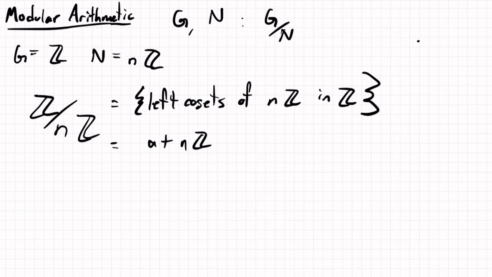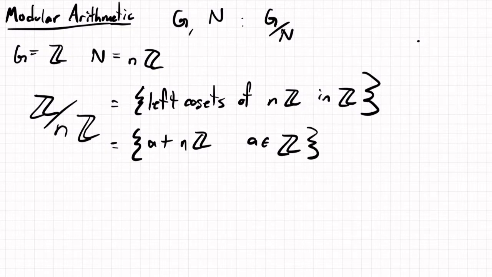So this is just notation, using addition as the notation for the group operation. So A plus nZ, for A in Z.